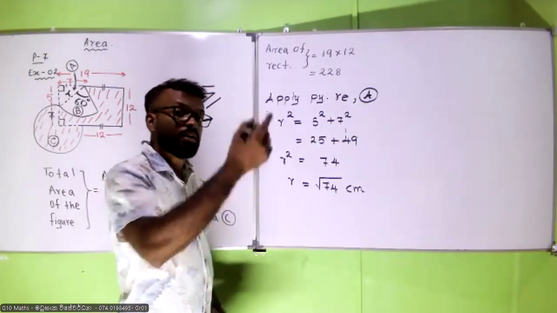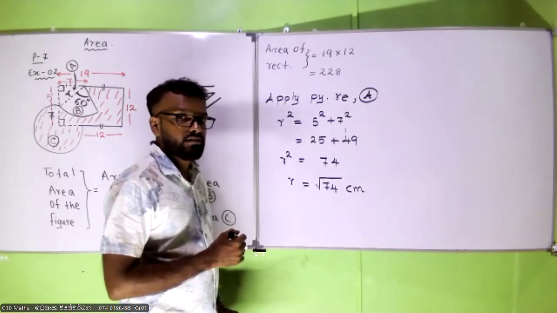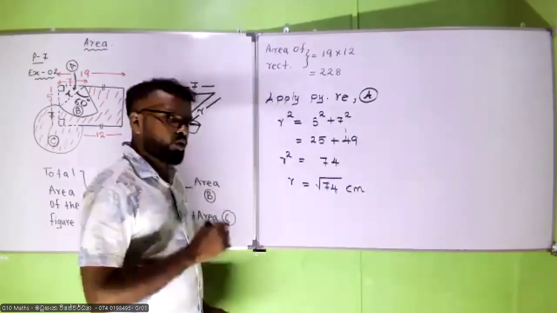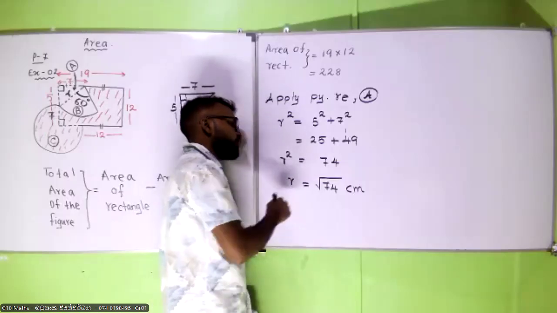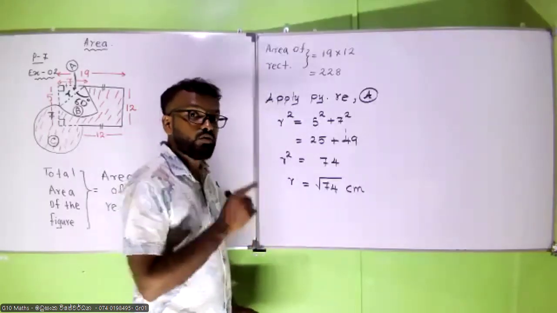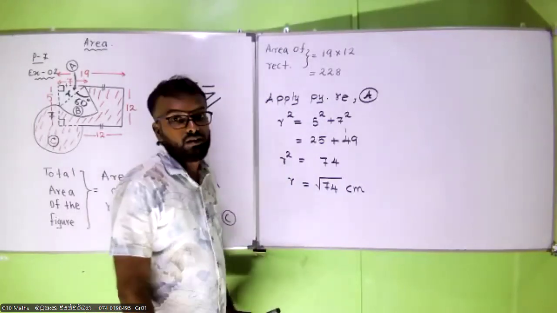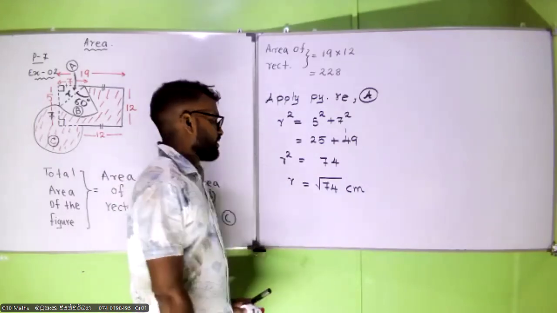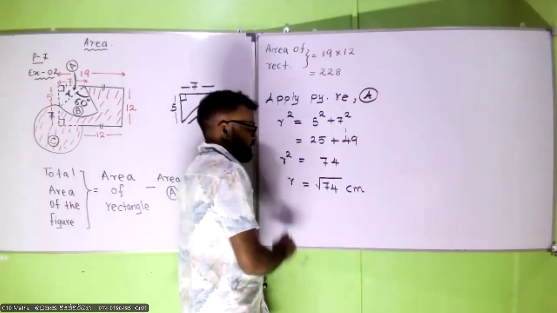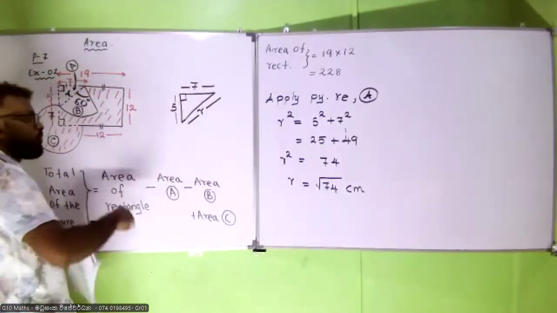You will understand later. I am not going to waste my time finding the square root of 74. If you want, you can find it, but I don't need to. R is this.